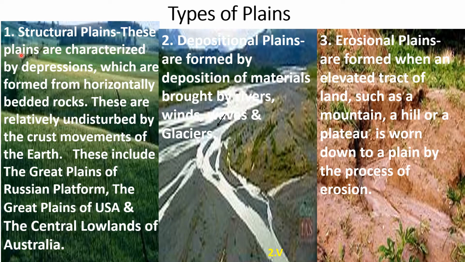So children, types of plains. So first type is structural plains. As you can see in the picture behind, between the two highlands there is one depression. These structural plains are characterized by depressions which are formed from horizontally bedded rocks.